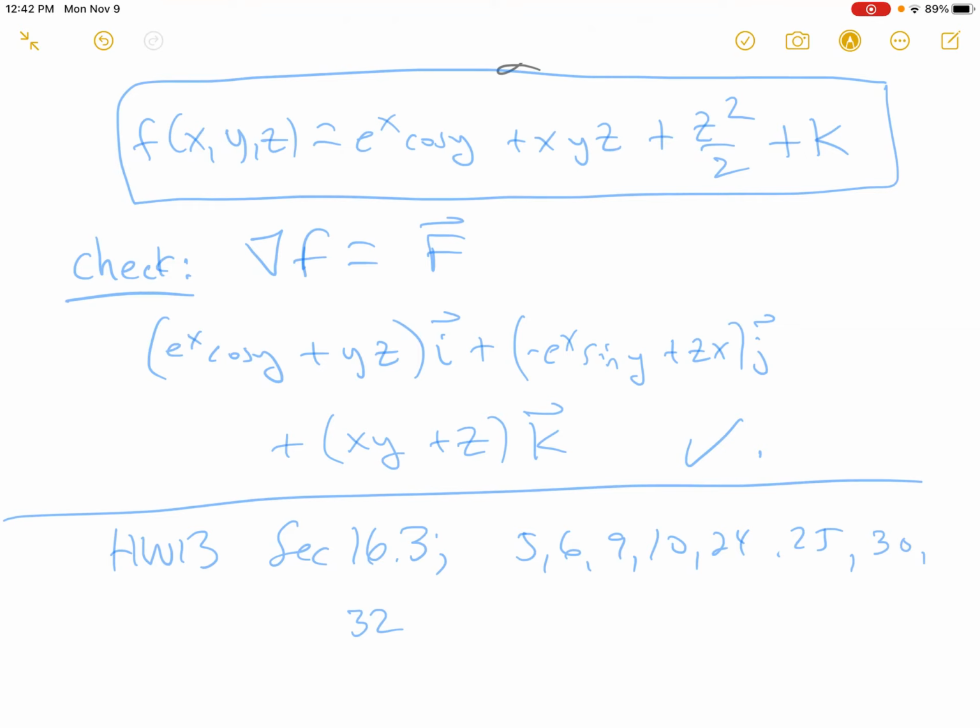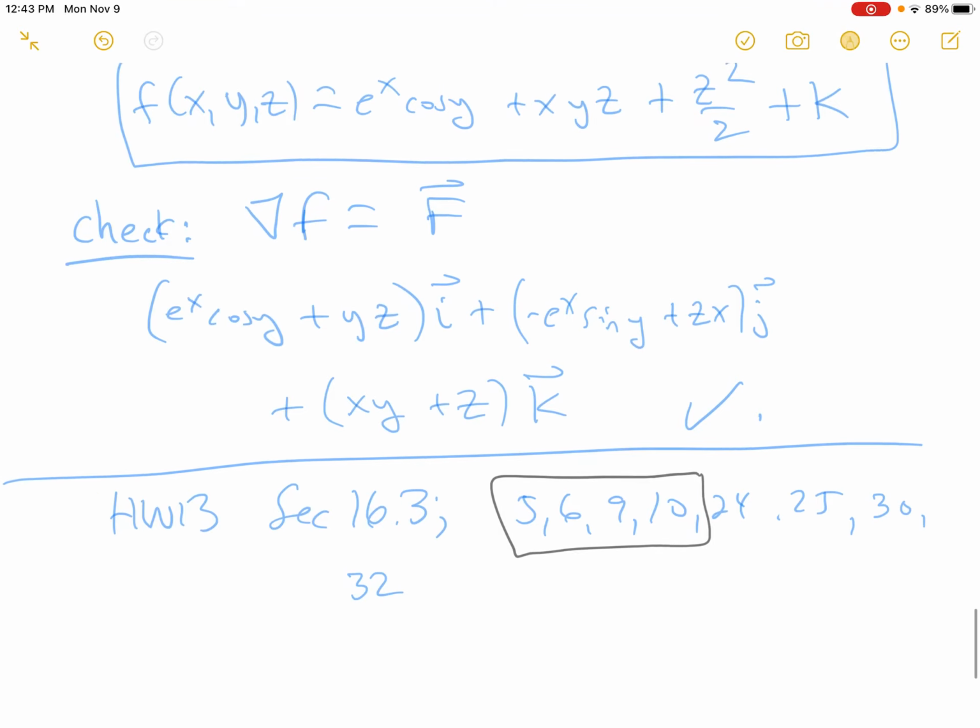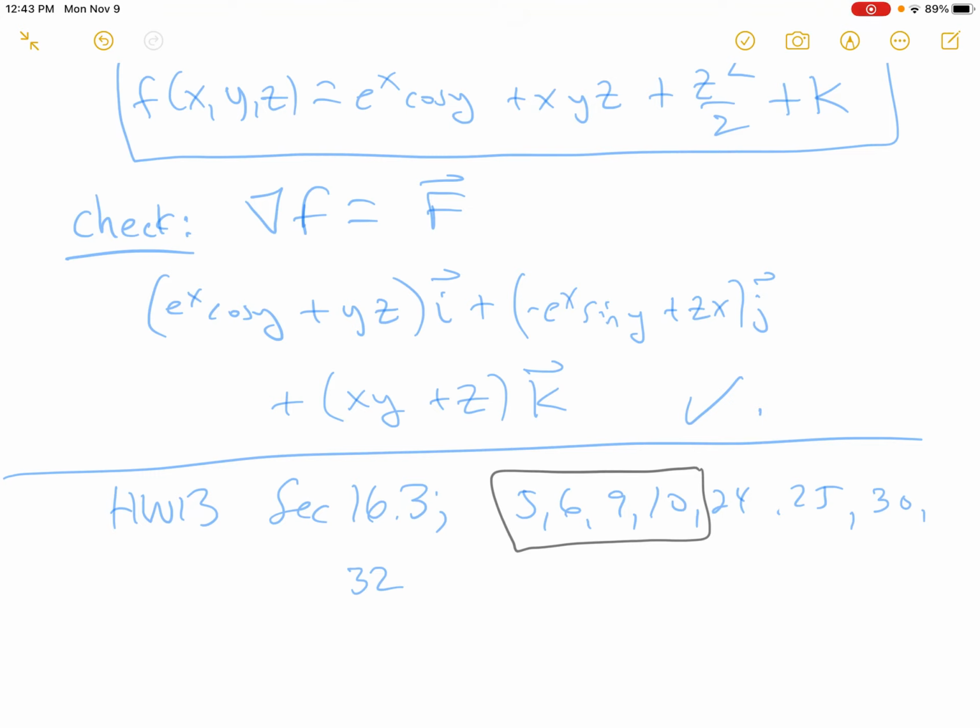Now, if you show up tomorrow for this workshop, and you haven't done at least these 4, you're going to get destroyed. So you have to do at least 5, 6, and 9 tonight, and preferably all 4 of them. If you had to go with 24, that would be great. But really, you want to do 5, 6, 9, and 10.